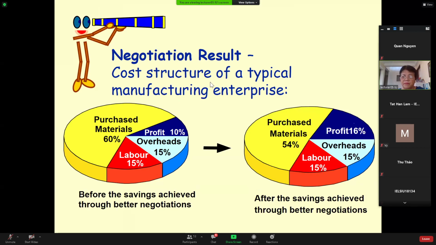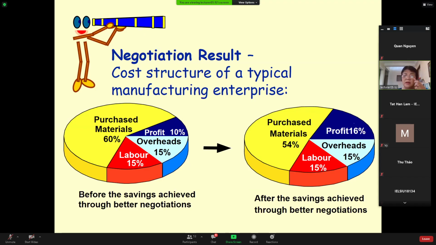Negotiation result. In order to come to the negotiation result, you have to understand, if we put it in the negotiation, what the components of the product or the service are that you are going to negotiate with your supplier.